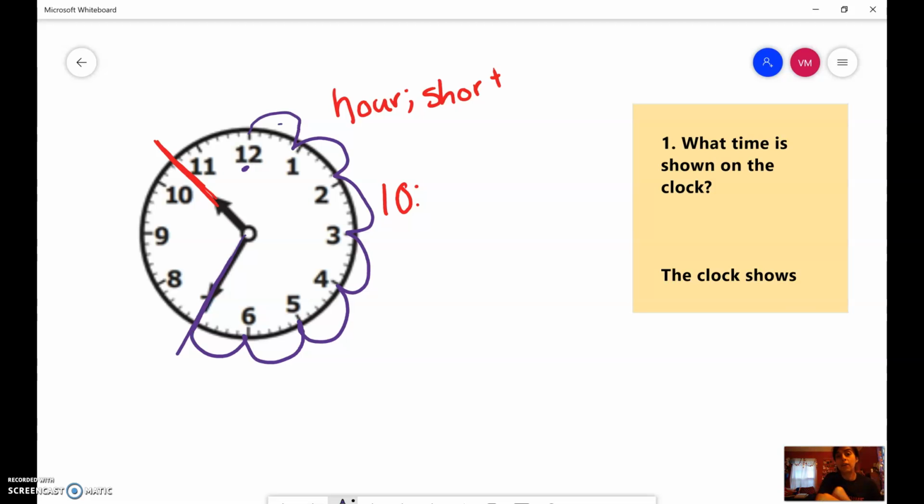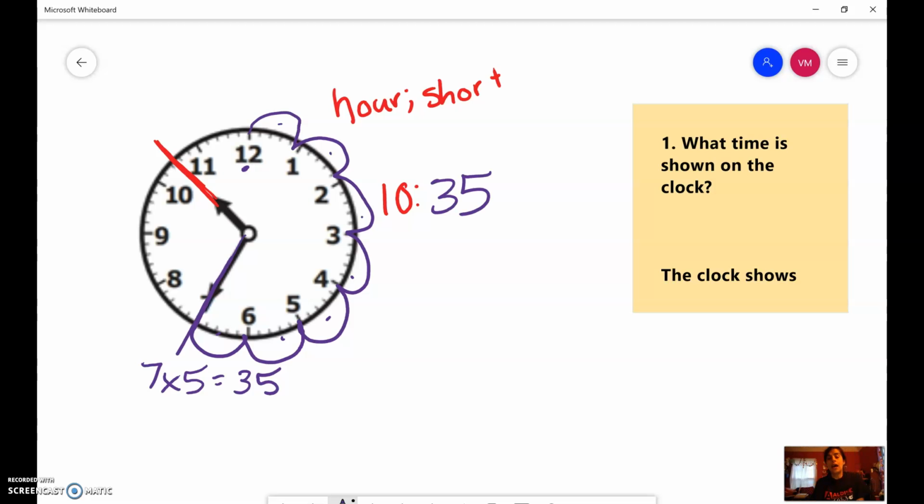Or you can count 5, plus 5, plus 5, plus 5, plus 5, plus 5, plus 5, because each little hop represents 5, or counting by 5, multiples of 5: 5, 10, 15, 20, 25, 30, 35. No matter which way makes you happy, I like that one because it works with my math facts. You know that the 7, when it represents the minutes, not the hour, means 35 minutes.